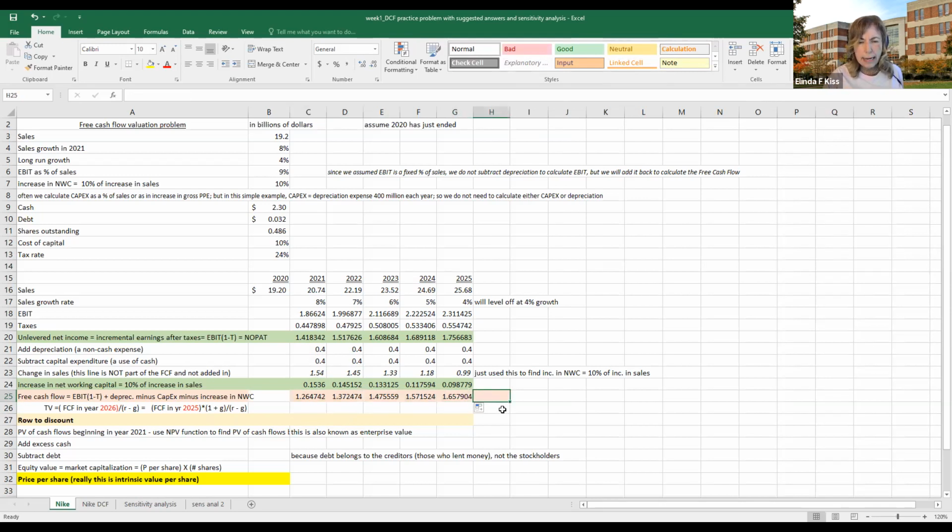Now, how do I get my free cash flow for the year after the projections? That equals my free cash flow in the last year of projections multiplied by 1 plus the terminal growth rate. So that's all I do. I don't actually use that. I'm going to use that number to calculate my terminal value, but I'm going to use the formula that I have here in cell A26.